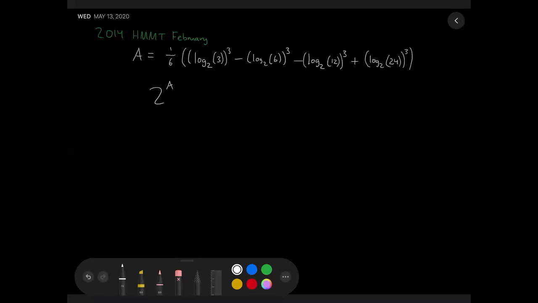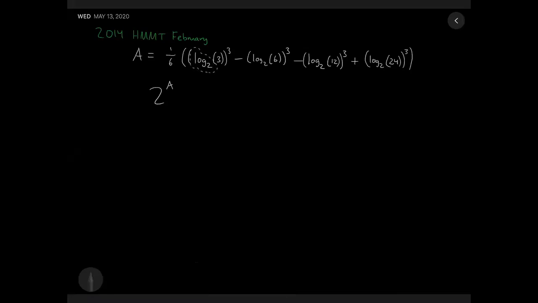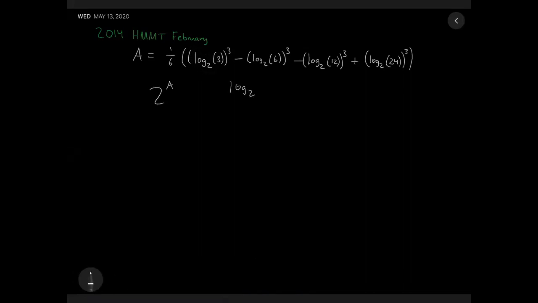But look at the base. This is log 2. And you might notice something. Log 2 of 6 is equal to 1 plus log 2 of 3. This is because log 2 of 6 is equal to log 2 of 2 plus log 2 of 3, and log 2 of 2 is just 1.